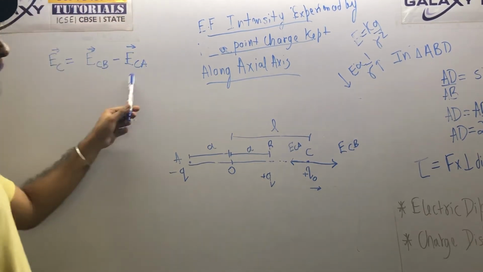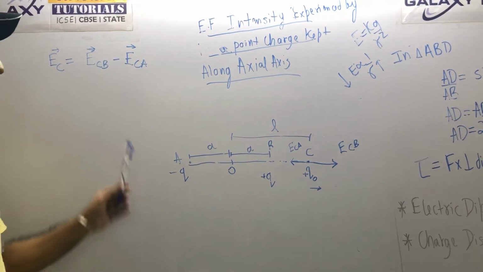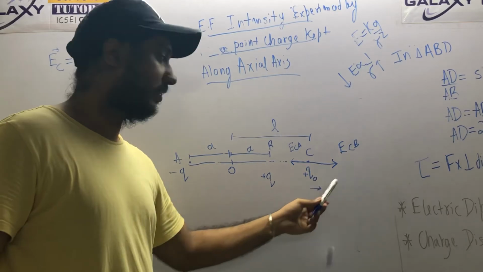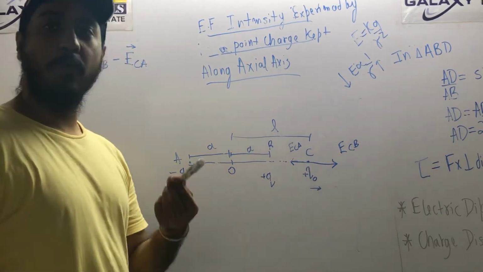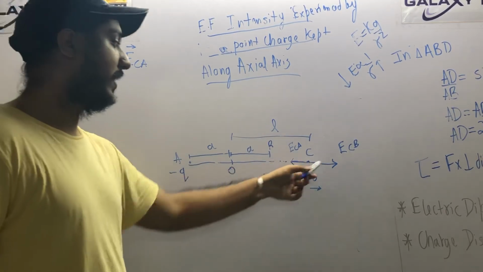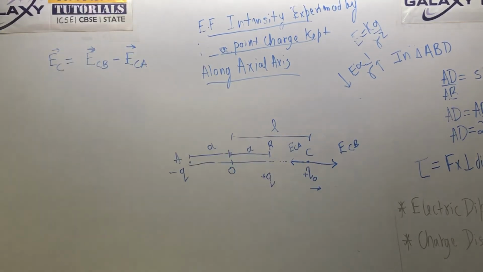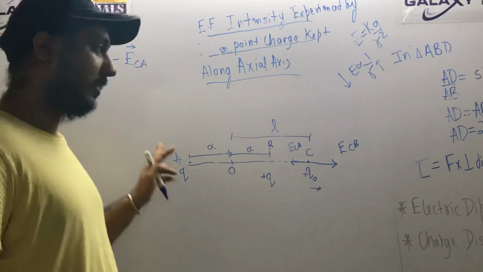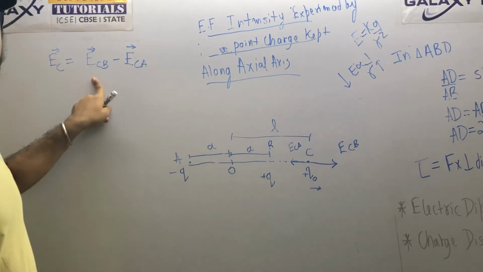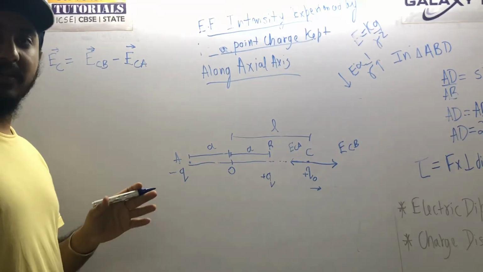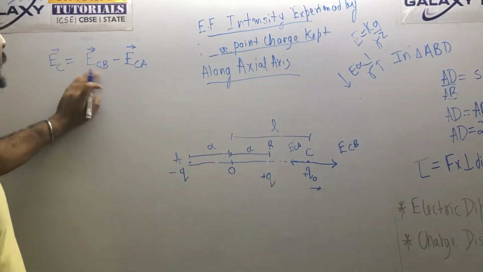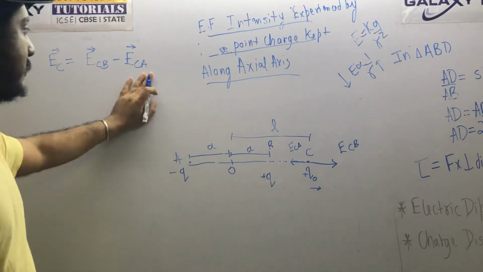It will be subtracted because this is a vector quantity, and this is acting in this direction and this is acting in this direction. So you will subtract both of them, because both of them are acting in opposite directions. And why did I write ECB first and ECA second? Because ECB is a bigger quantity. So you always subtract the smaller quantity from the bigger quantity in mathematics. You know that. That's why I have written ECB here and ECA here.